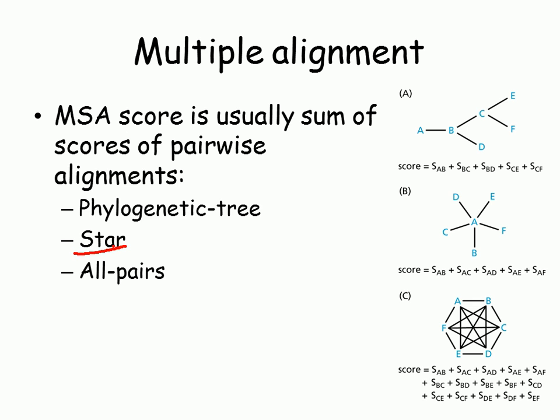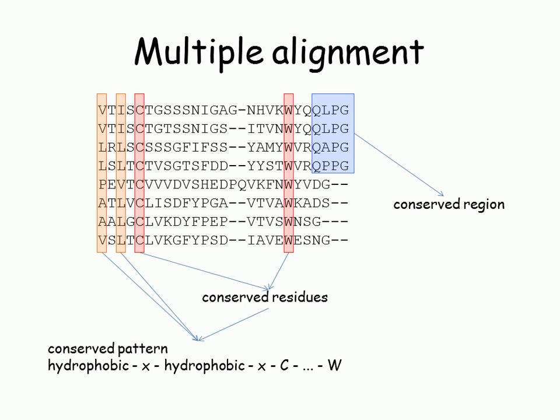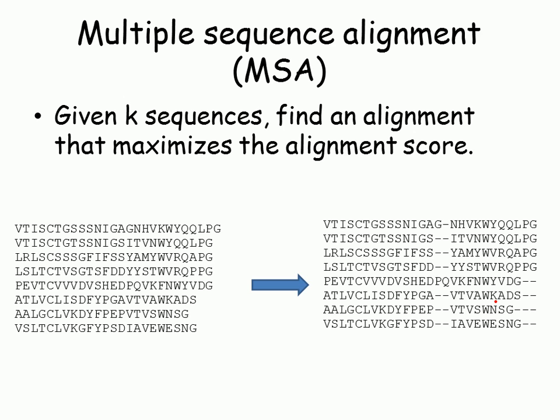Another way is a star schema, where you are relating each sequence to a central sequence. So there will be, let's say, one sequence in the multiple alignment that forms the center, and everything else you are comparing with that. So if I go back, I said that we want to find an alignment that maximizes the alignment score.